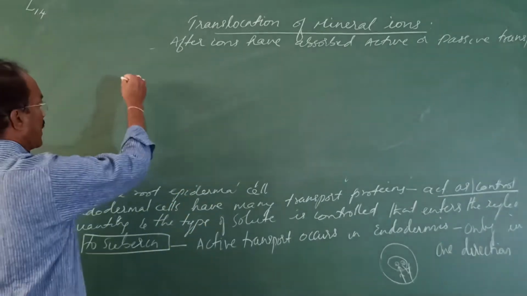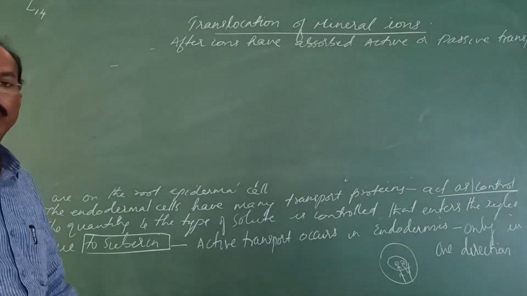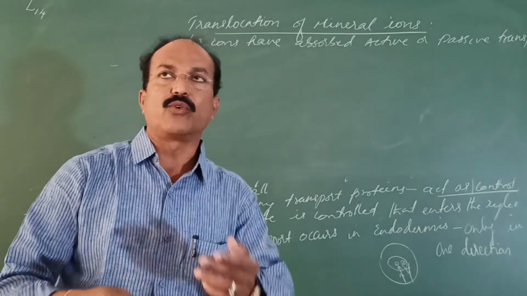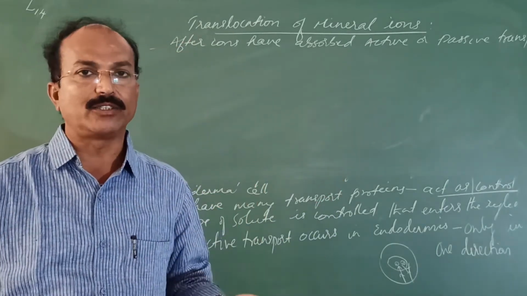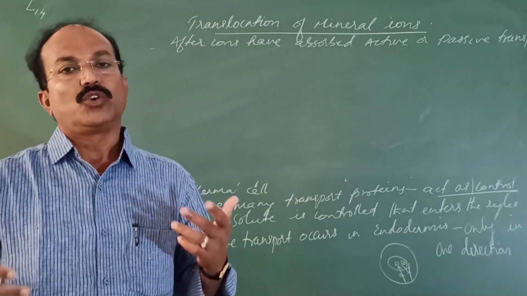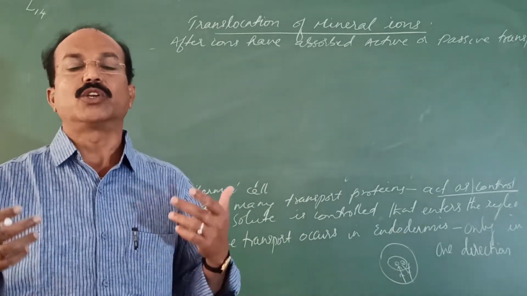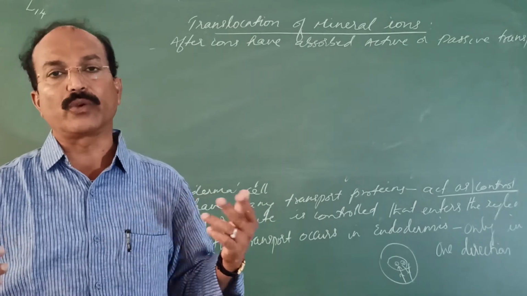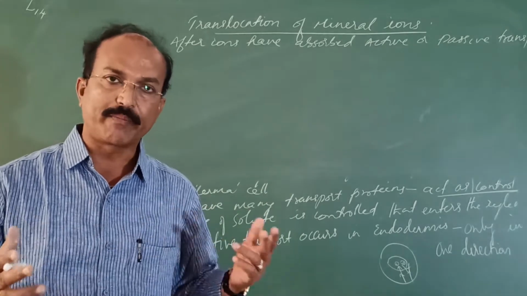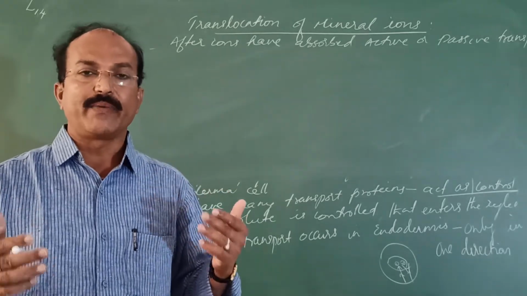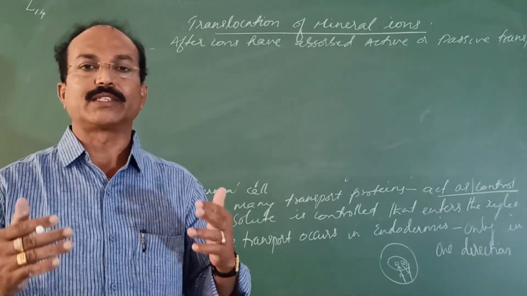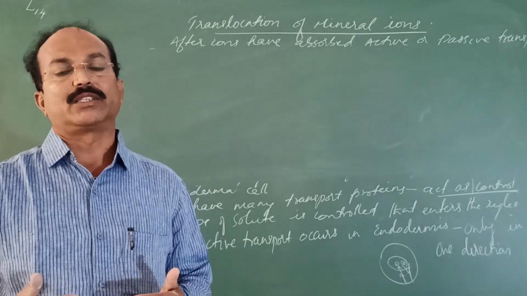They are supplied to each and every part of the plant body, to all the branches in the upward direction, to the leaves, the fruit, the flower, the storage organs, and the growing apexes, the growing parts where actively dividing cells are present, like the apical meristems and the lateral meristems.